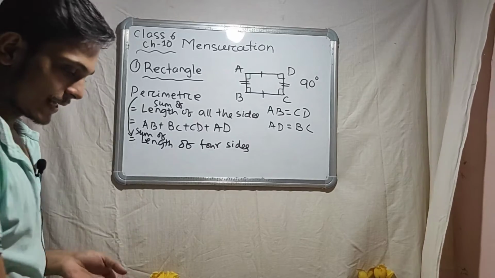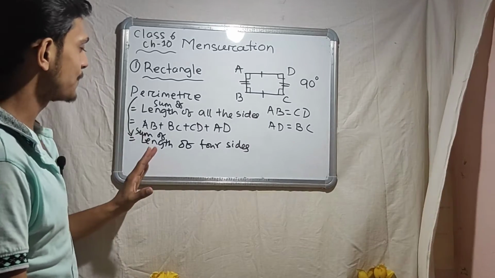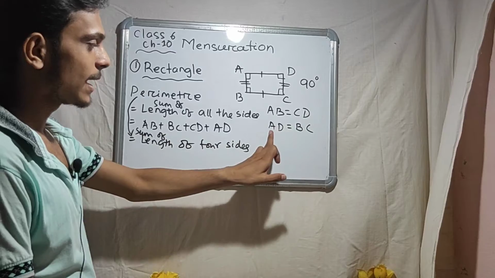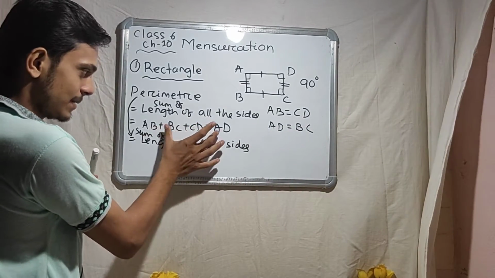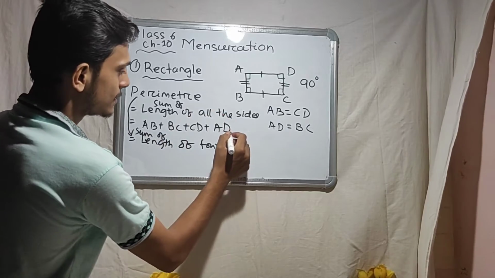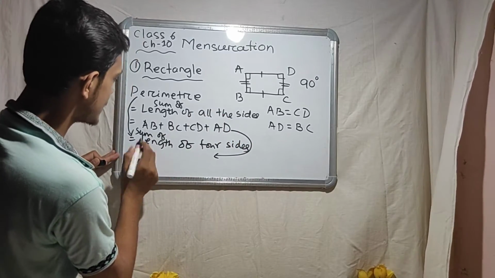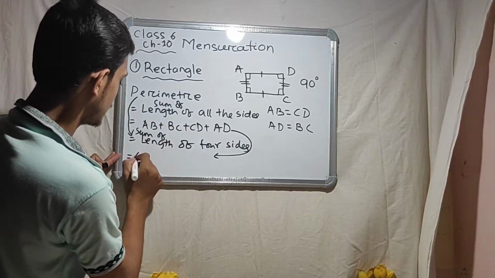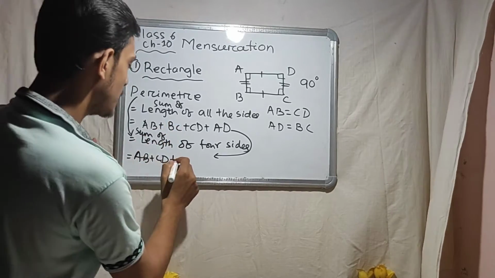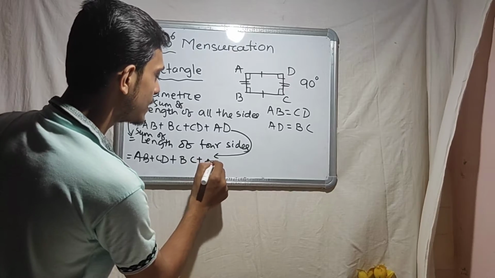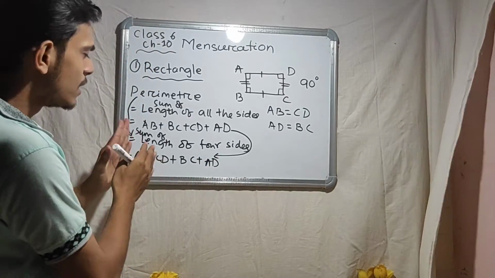But here AB equals CD and AD equals BC. So this line can be written as AB plus CD plus BC plus AD, yes or no? I have just changed the order.